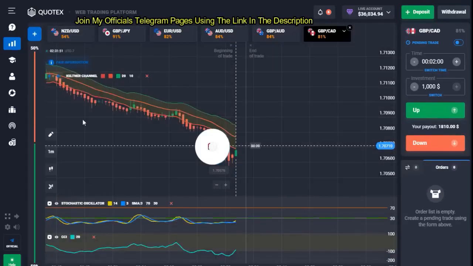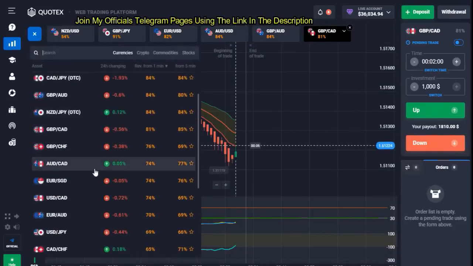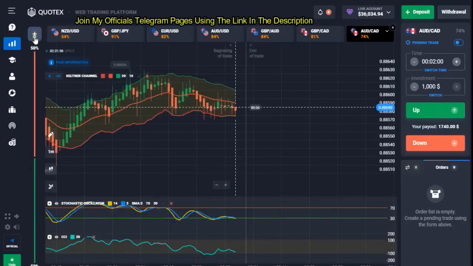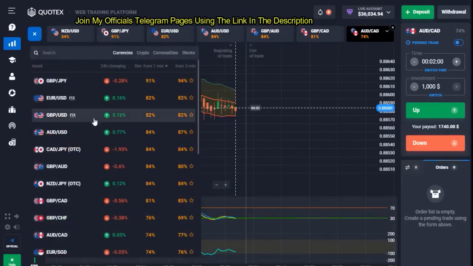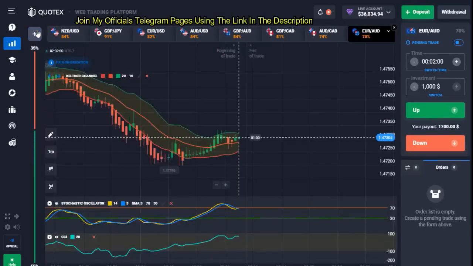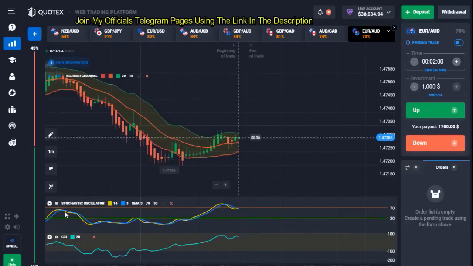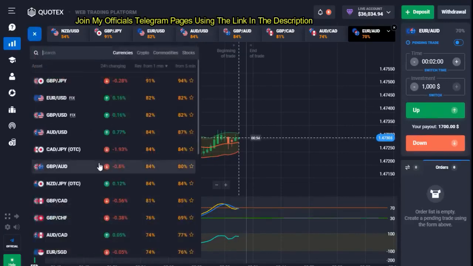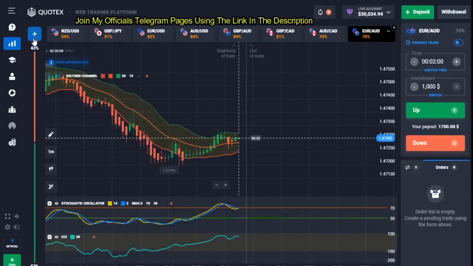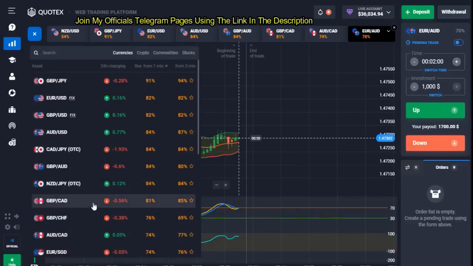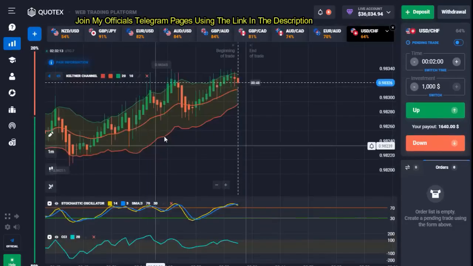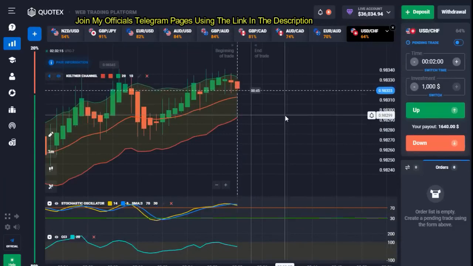Most of my strategies work with OTC as well. It's not that they don't work, it's just that I don't recommend them. For a personal reason, I think they're manipulative or something like that. But if you are good with OTC trade, then you can go ahead and use it. But before you do anything, make sure you always check this out with your demo account and be sure that you understand the strategy perfectly before you continue using it.